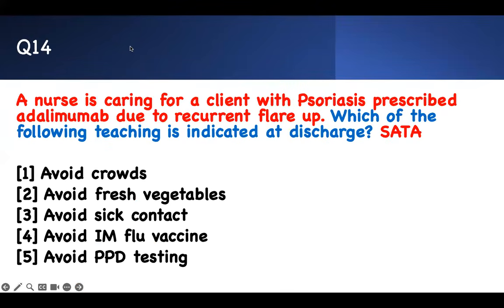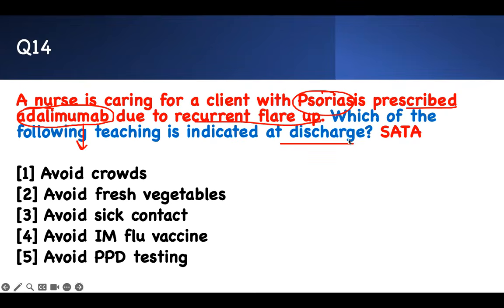Number 14. And this is caring for a client with what? Psoriasis. I try to give you the definition and try to see if you can get something good out of this question. Prescribed what? Pharmacology. Adalimumab. You can go with that pharmacology anywhere you go, due to recurrent flare. Which of the following is indicated at discharge? A bunch of words.